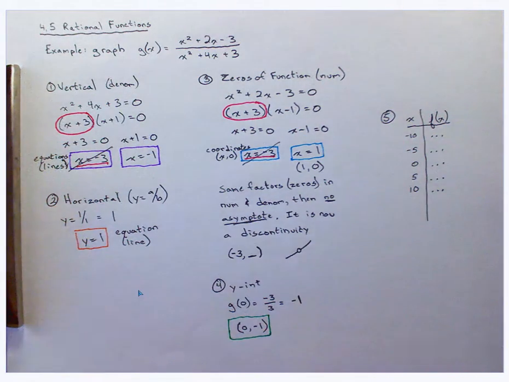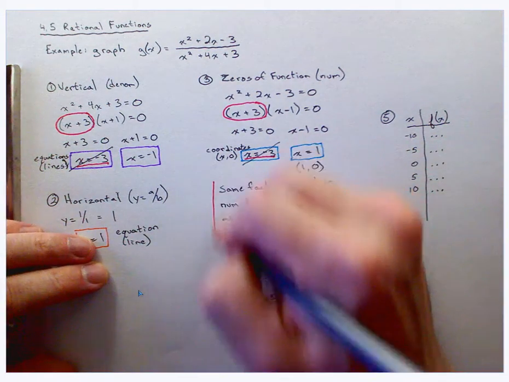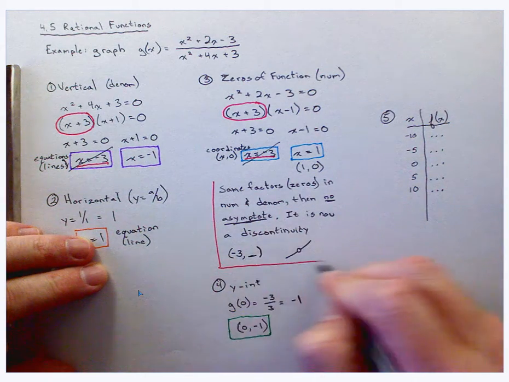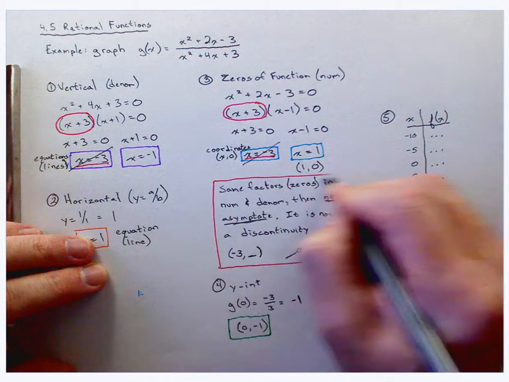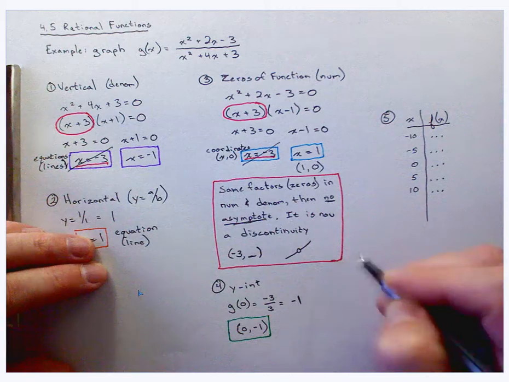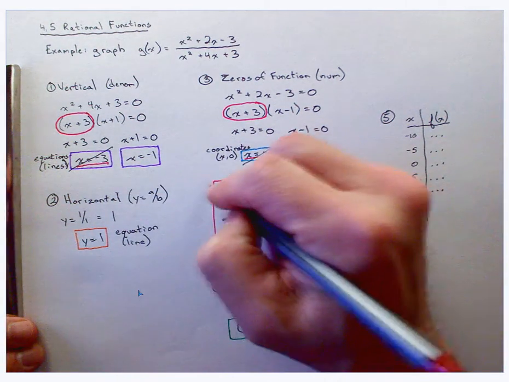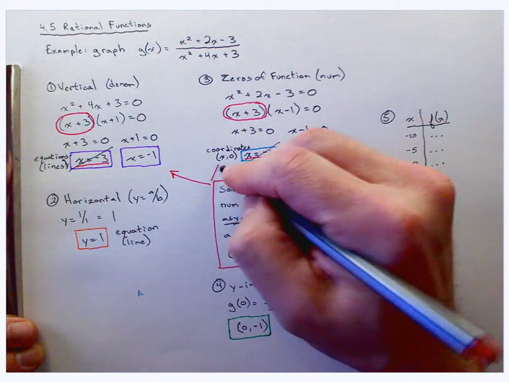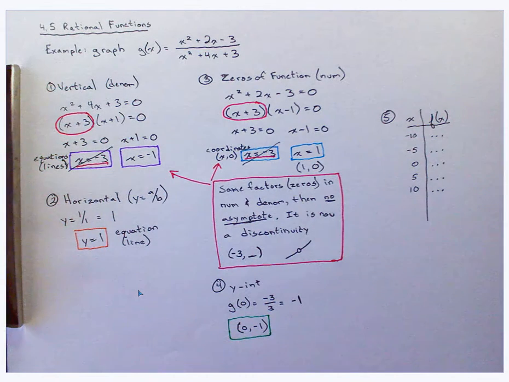And just so we point this out, that's the explanation behind what we did up here for here and for here. The next thing that I did was I found my y-intercept, and then the last thing is I find other values of the function. Pick an x value, plug it in, and find the corresponding y value.